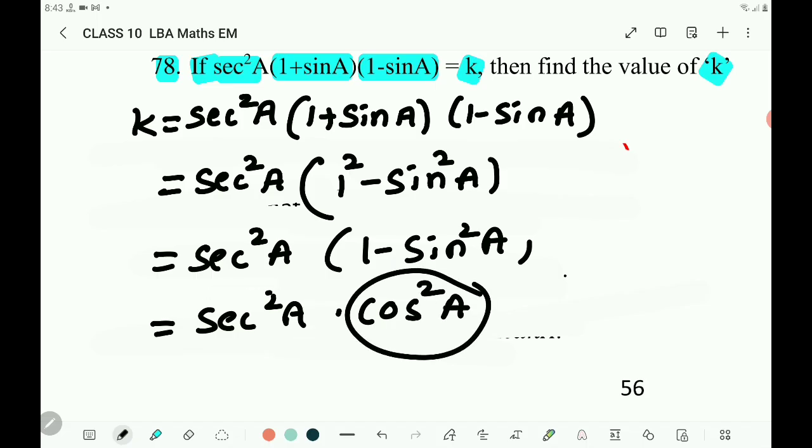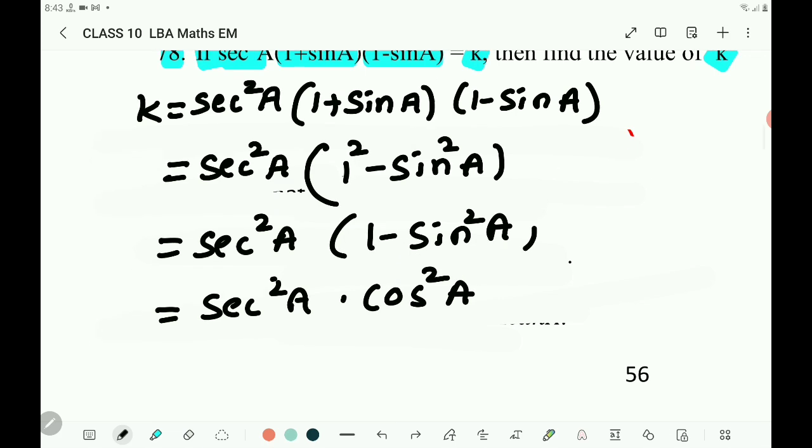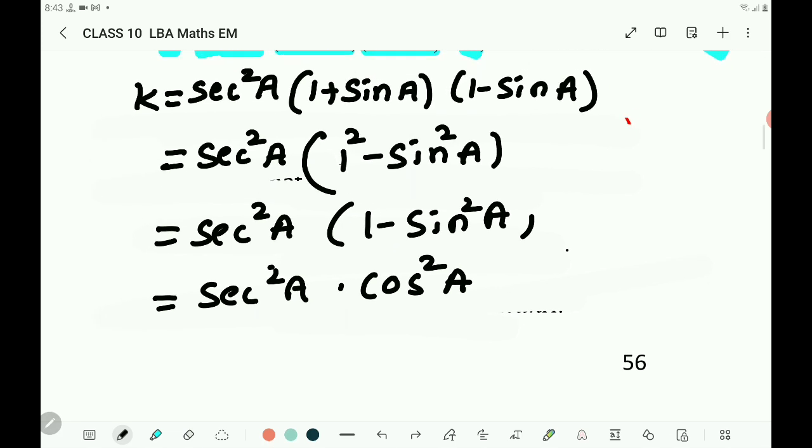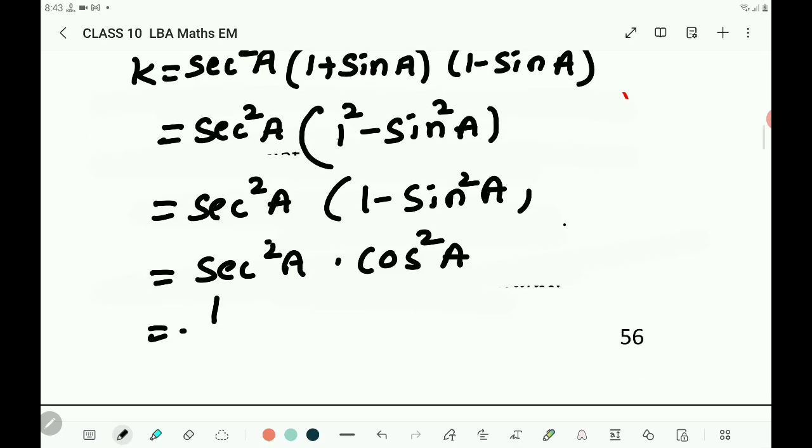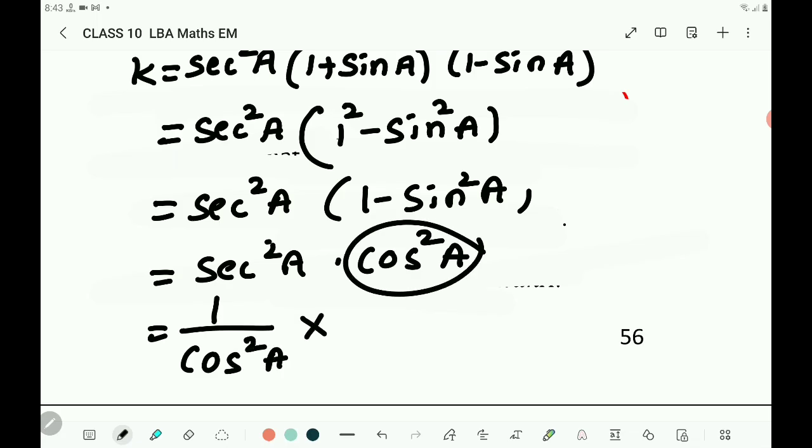You know that secant and cos are reciprocals of each other. Secant is the reciprocal of cos. You write it as 1 by cos square a into this cos square a.